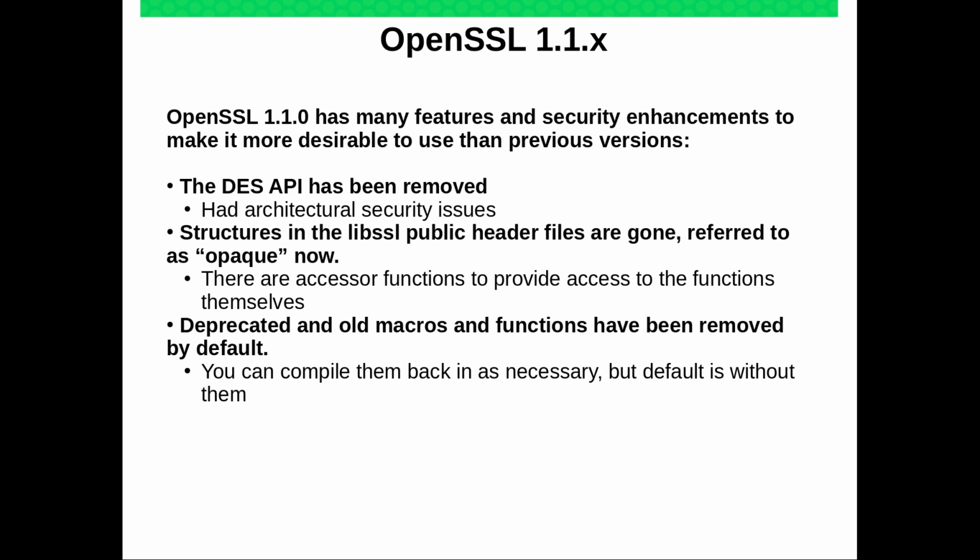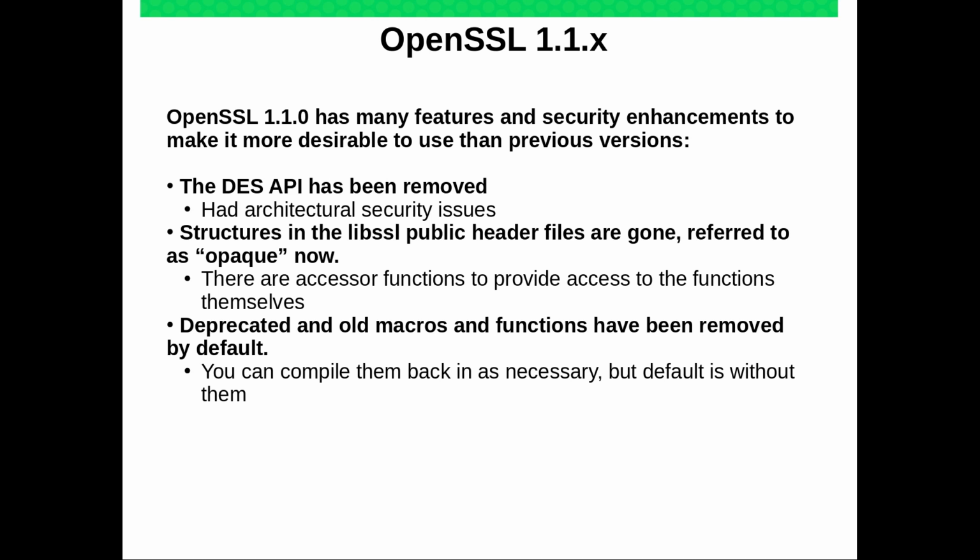Now, structures in the libSSL public header files have been removed as well, and they're now referred to as opaque, meaning you can still access information that would normally be stored in a header file, but you use what are called accessor functions to get access to those things, and that's the method for accessing them.